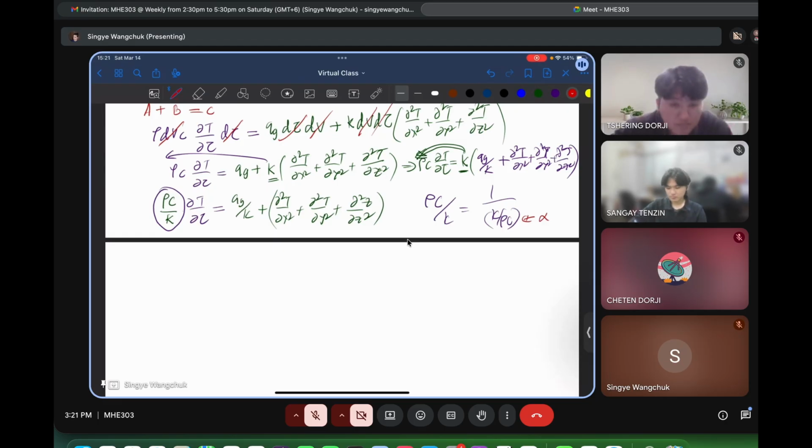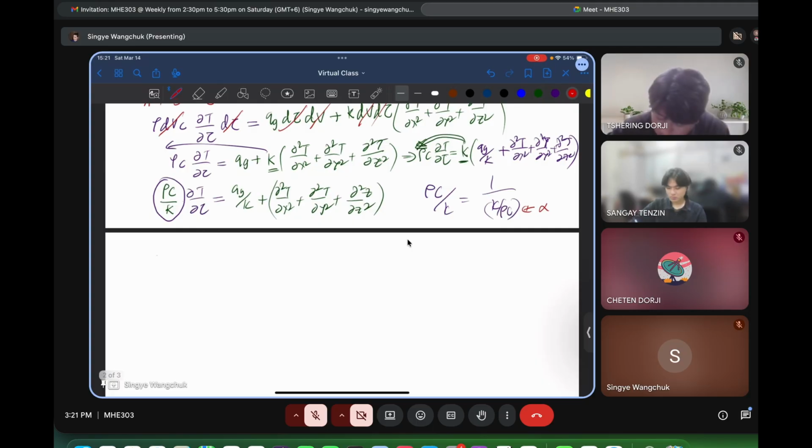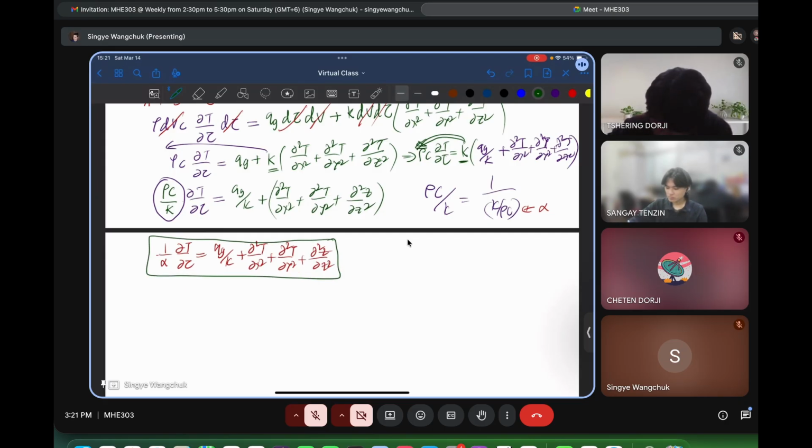If I write it like this, then I get 1 by alpha times ∂T/∂τ equals Qg by k plus ∂²T/∂x² plus ∂²T/∂y² plus ∂²T/∂z². And this is the heat conduction equation in Cartesian coordinates.